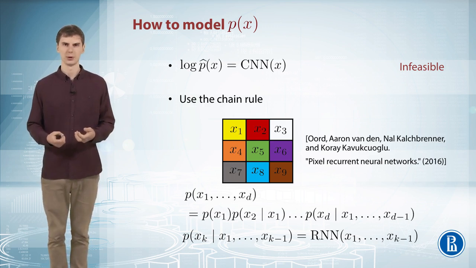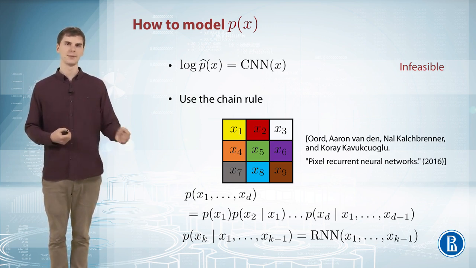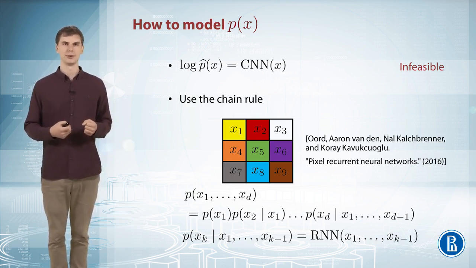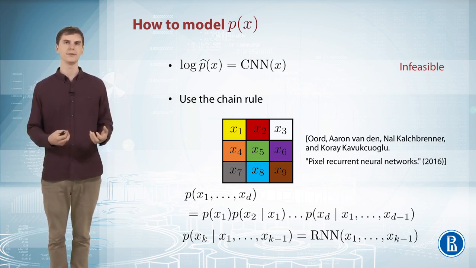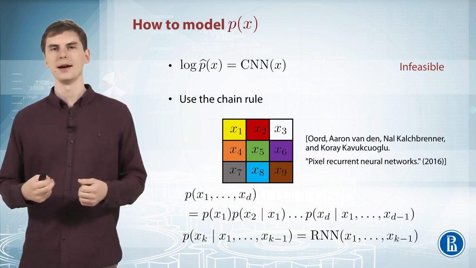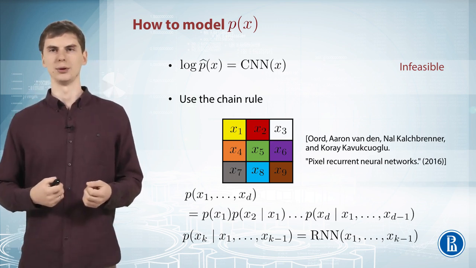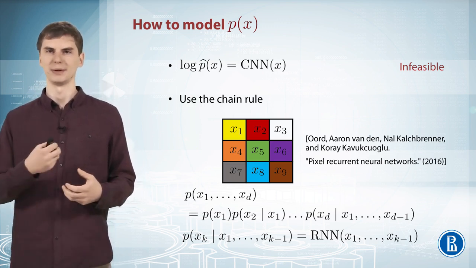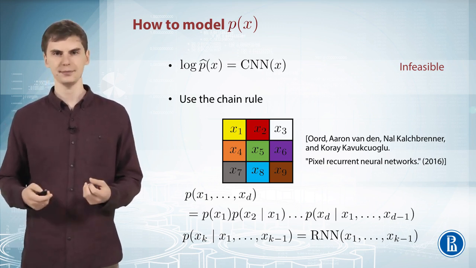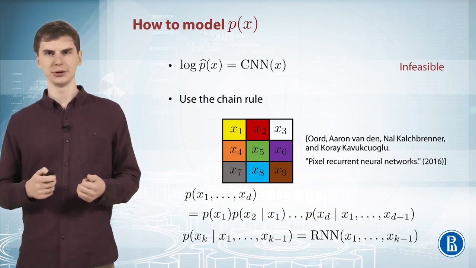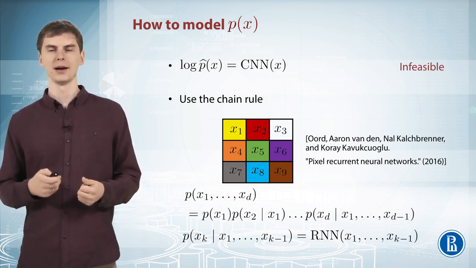So if, for example, your image is grayscale, then each pixel can be encoded with a number from 0 to 255, so the brightness level. And then your normalization constant can be computed by just summing up over all these 256 values. So it's easy. It's a really nice approach. Check it out if you have time.